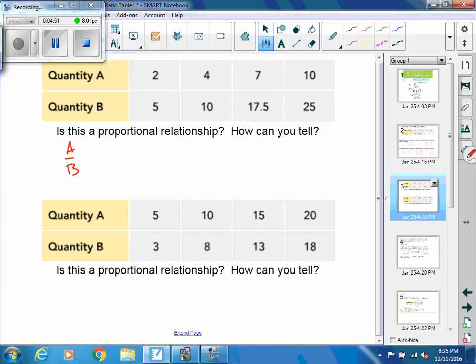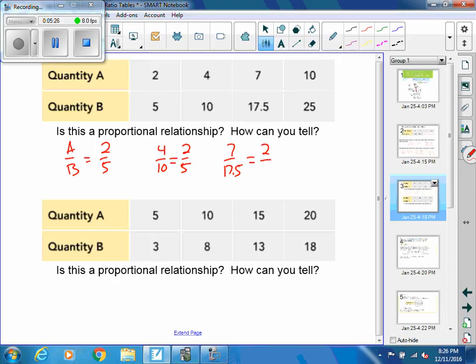So quantity A over quantity B, if I look at the first one, that's 2 over 5. If I look at 4 over 10, if I simplify that, that's going to simplify to 2 over 5. If I look at 7 over 17.5, now the decimal one makes it a little tricky here, but if I take 7 divided by 3.5, that's 2.